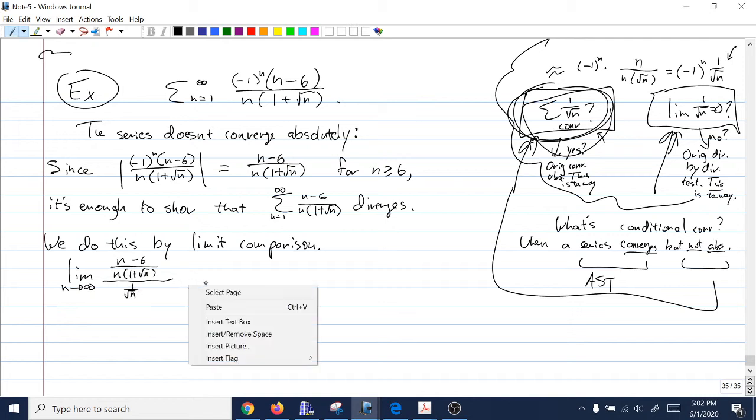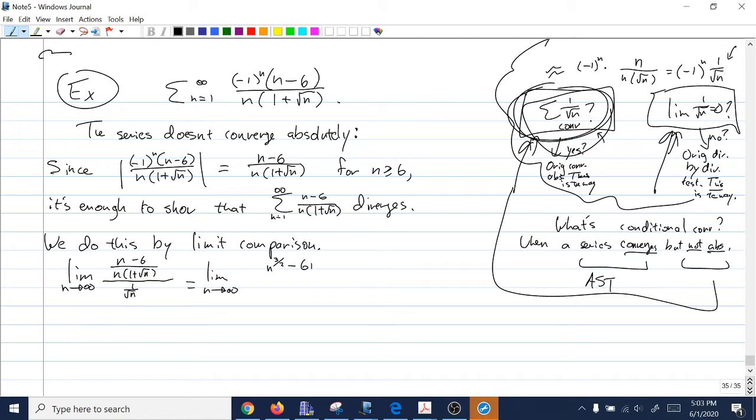This limit is the limit as n goes to infinity of, I want to multiply by root n on top. n to the 3 halves minus 6n to the 1 half over n to the 1 plus n to the 3 halves.